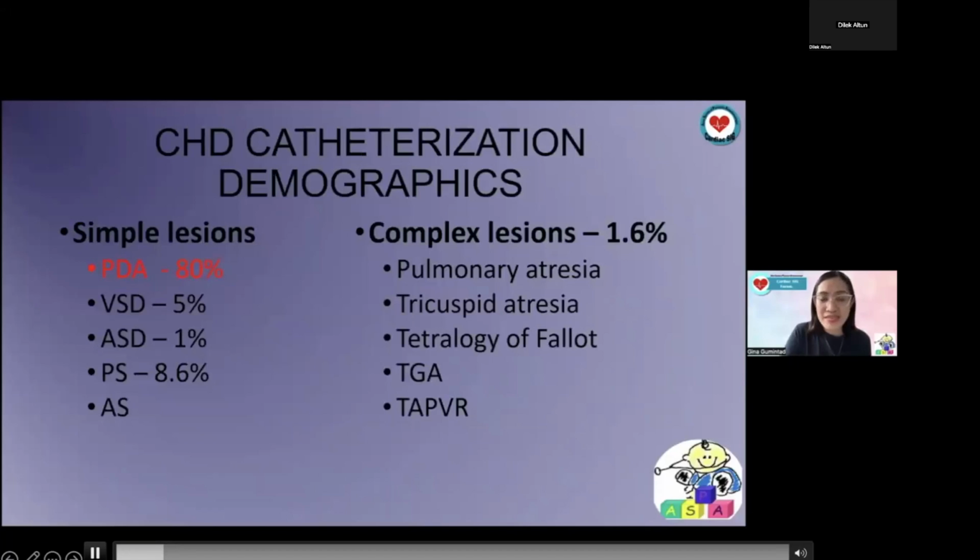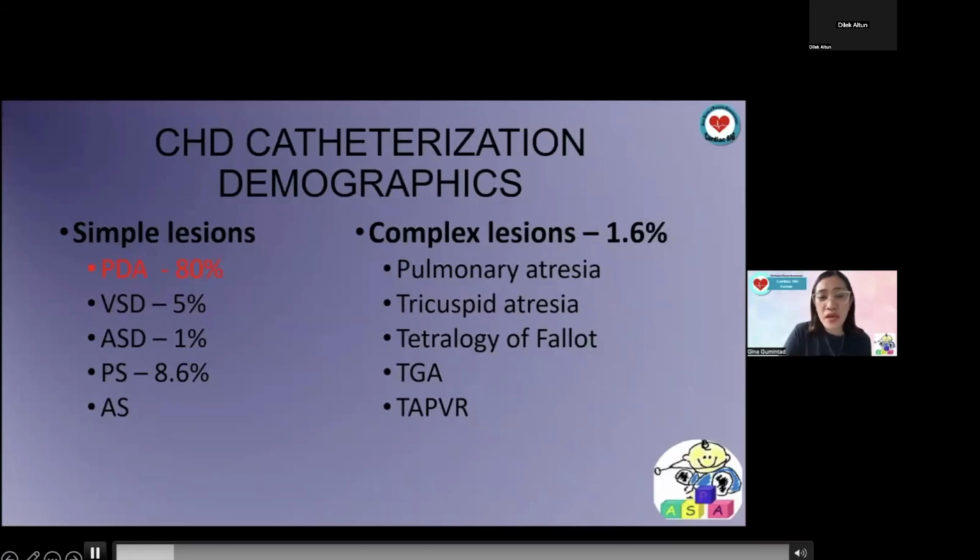in our setting here in the Philippines, I work in 2 institutions that do a lot of cardiac cath, congenital cardiac cath. We can divide them into simple lesions and complex lesions. The complex ones comprise approximately 2%.